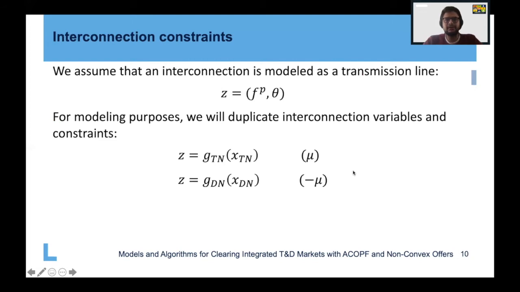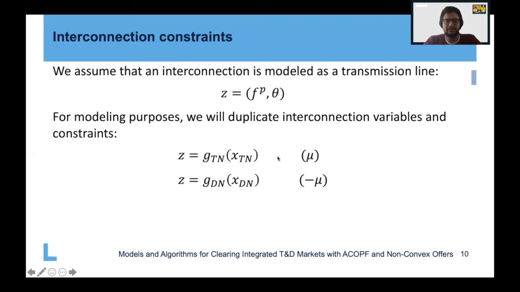For the interconnection, we will assume that we have a transmission line. So the decisions for this line are typically FP and theta. And for modeling purposes, we'll just assume that we duplicate the interconnection variables, so we have the Z variable linking to what's going on in the transmission network, and another constraint linking to what's going on in the distribution network.